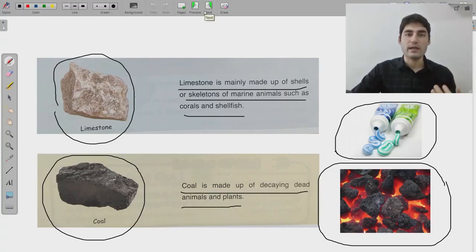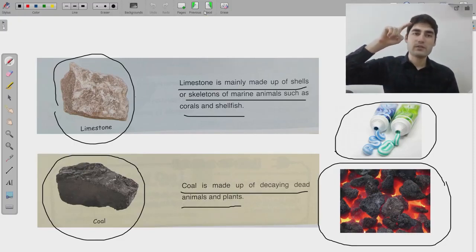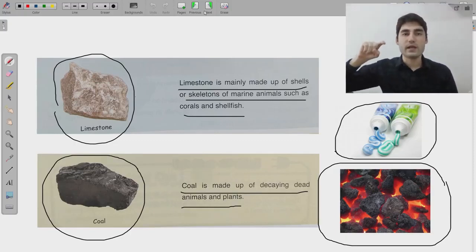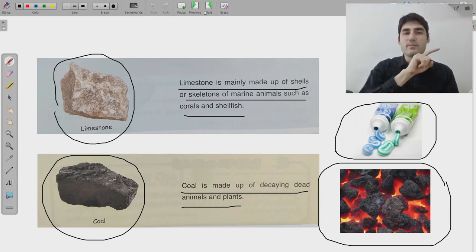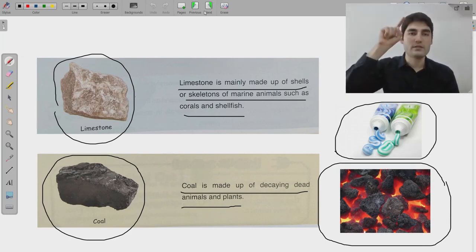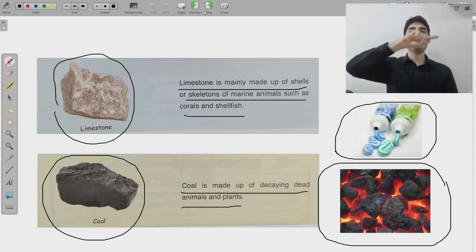And next week, we are going to learn about metamorphic rocks and the rock cycle. What does rock cycle mean? Igneous rocks can become sedimentary rocks. Sedimentary rocks can become metamorphic rocks. Metamorphic rocks can become igneous rocks. So it is like a cycle.